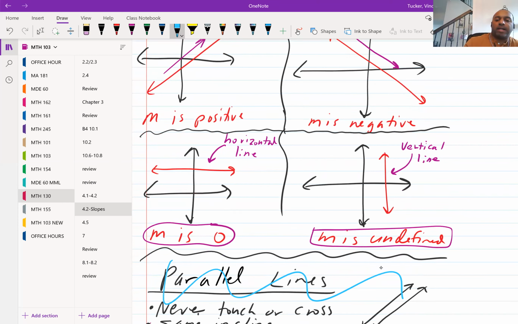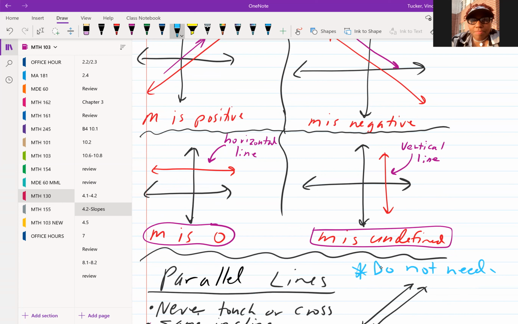Don't copy parallel lines for anybody who's ahead. Okay, your slope, which equals M, stands for slope. If it's horizontal, it's 0.